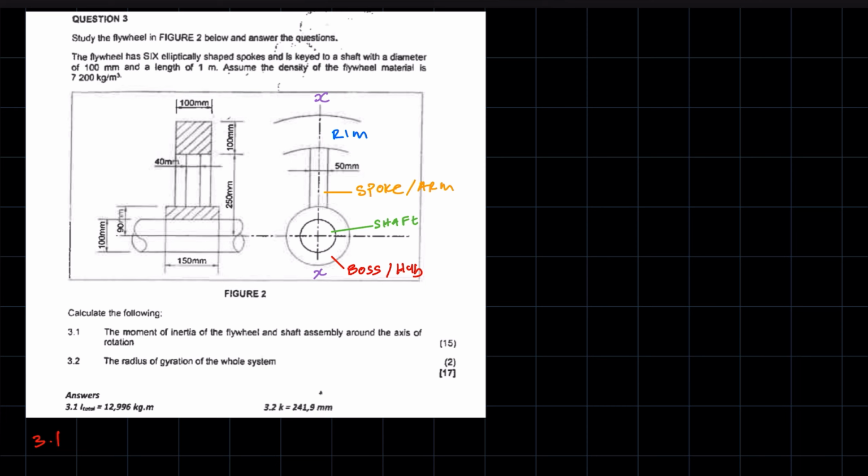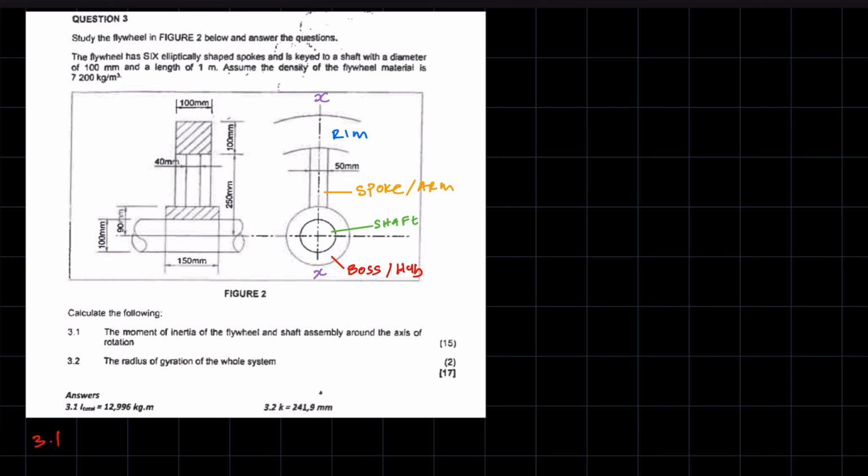So the fact that this is elliptical gives us an indication of how we should calculate the area of the spoke. It is keyed to a shaft with a diameter of 100 millimeters and a length of 1 meter. Assume the density of the flywheel material is 7,200 kilograms per cubic meter.